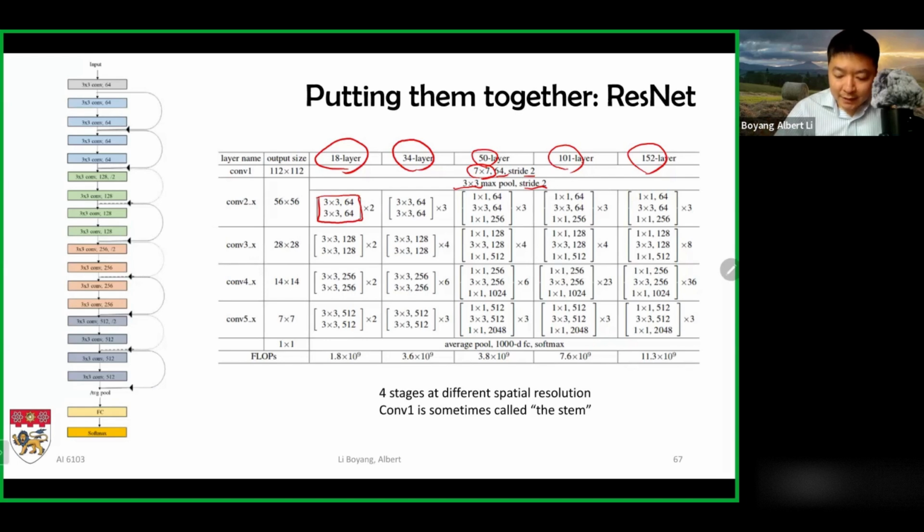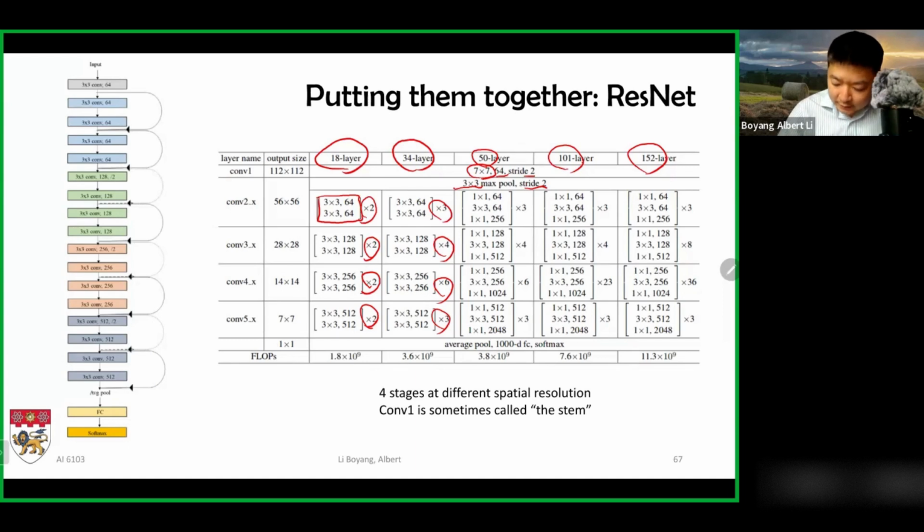So for ResNet 18, this block is repeated 2 times in each stage, but for the 34 layer, the number of repetitions is different. So it's 3 times in the first stage, 4 times in the second stage, 6 times in the third, and 3 times in the last stage. I'm not entirely sure why it has to be this way. I don't think the paper discussed this thoroughly, but this seemed to be a common setup.